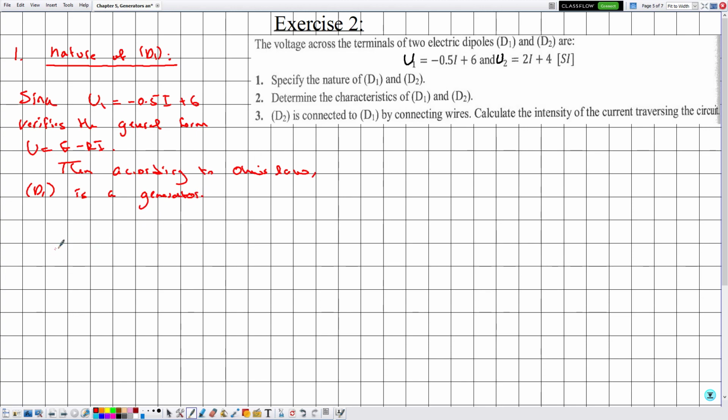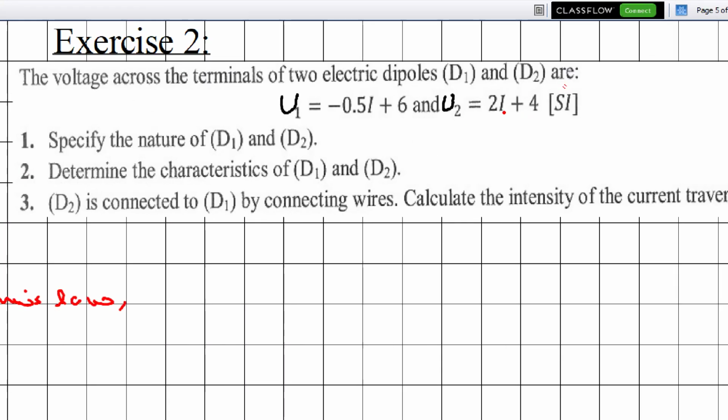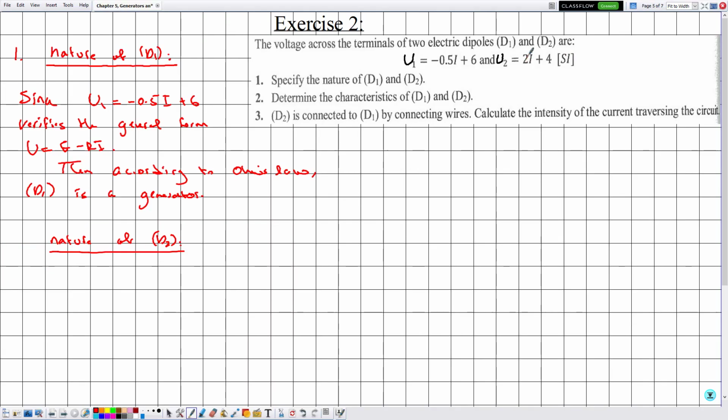Let me start with the nature of D2. So now notice that both have the same sign, which is plus. Then in this case, the nature of D2 is a receiver.